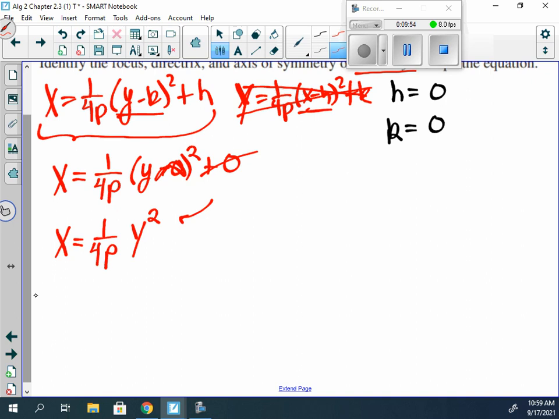Now, what equation did they give us? Negative 4x equals y squared, yes? Because that's our equation. Now, what are they asking us to do with it?